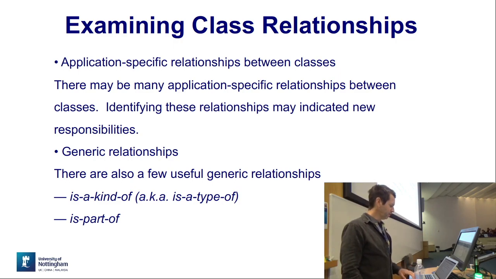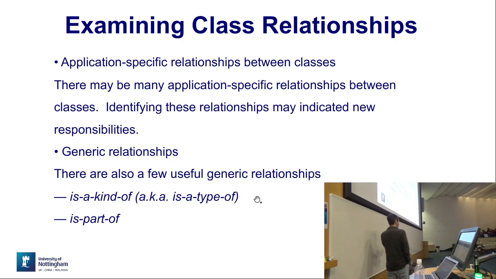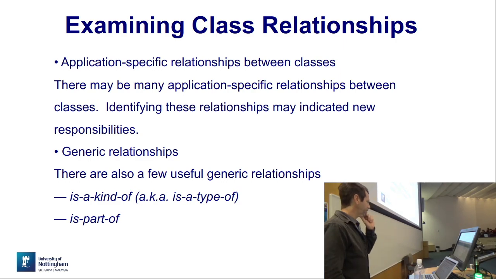Some of the generic relationships is a kind of, or is a type of, right? A beginner level player is a kind of player. An advanced level player is a kind of player, right? A lot of people get this confused with is part of.